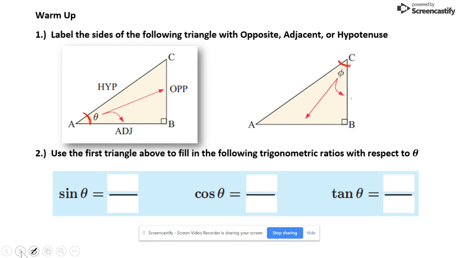The opposite side is the side opposite the angle, and the adjacent side is the other side that's not the hypotenuse, the other side that is a part of creating the reference angle.